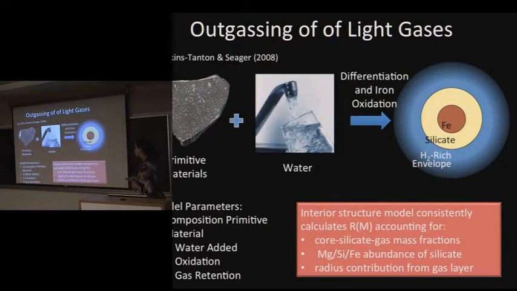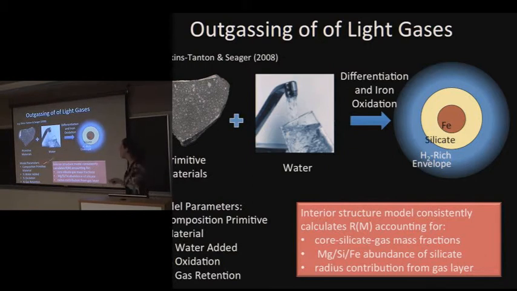Outgassing occurs in planets formed from some combination of rocky material, potentially with added water, and then during formation, metals in the rocky material react with the water and oxidize, releasing a hydrogen-rich gas envelope.